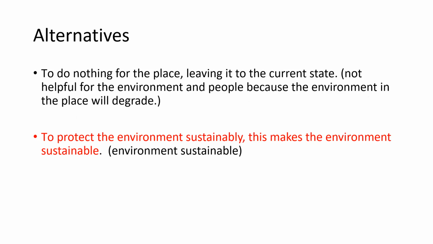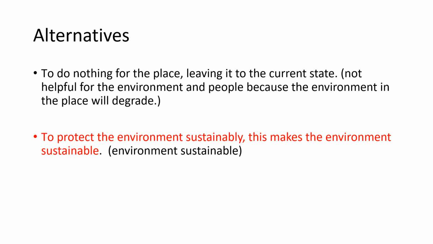There are two alternatives for the project. The first action is to do nothing for the place, leaving it in its current state, meaning that people do not do anything to improve the local environment. This alternative is not helpful for the environment and people because the environment in the place will degrade.